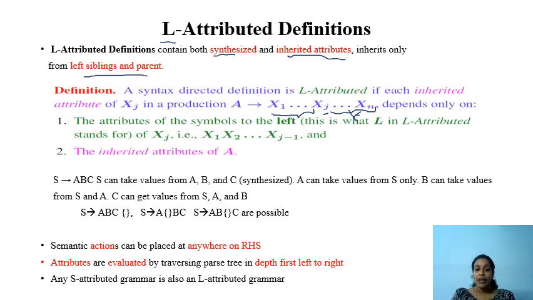Here semantic actions can be included anywhere on the RHS. Consider this production, S gives A: this one is valid, and this one is also valid. Attributes are evaluated by traversing depth first, left to right. Any S attributed grammar is also L attributed.